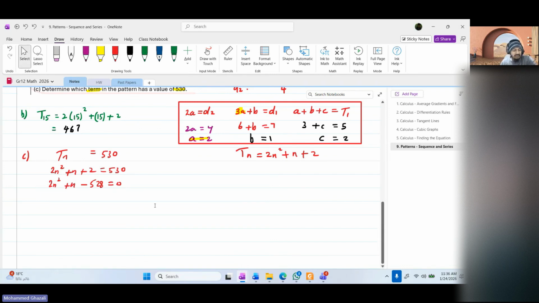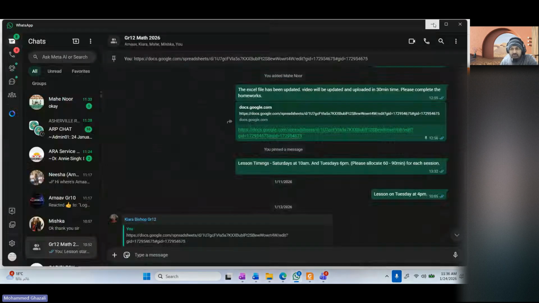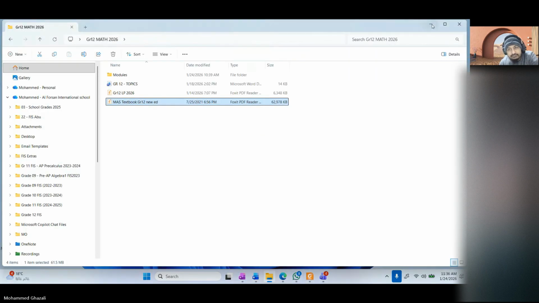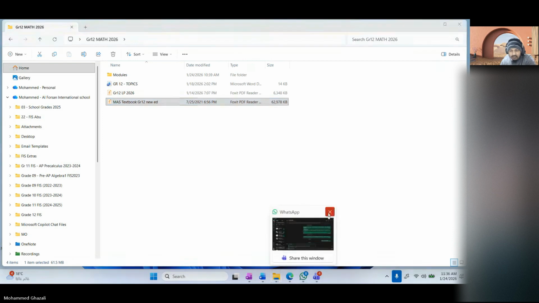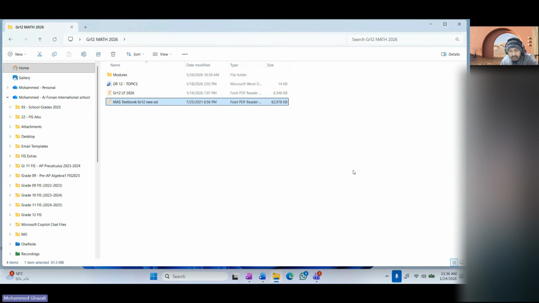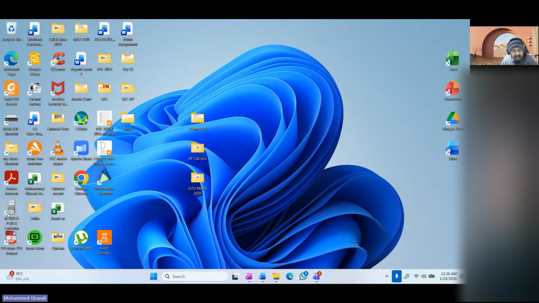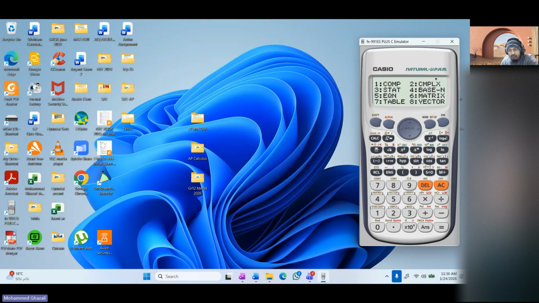Now I need to solve this using the quadratic. Use the quadratic on the calculator, okay? Go to mode 5 and 3.